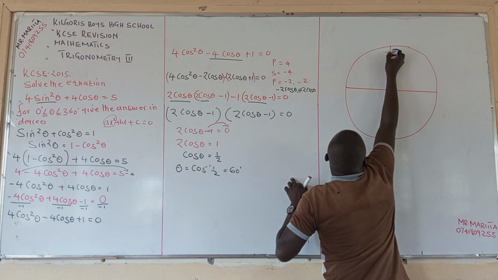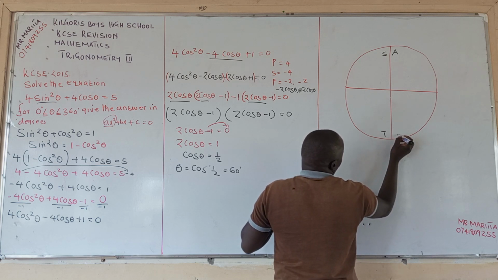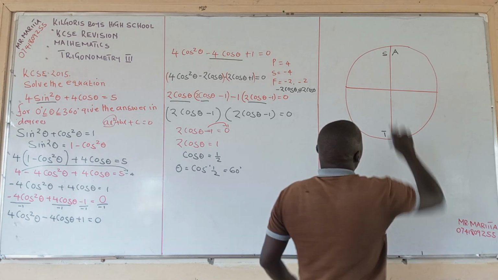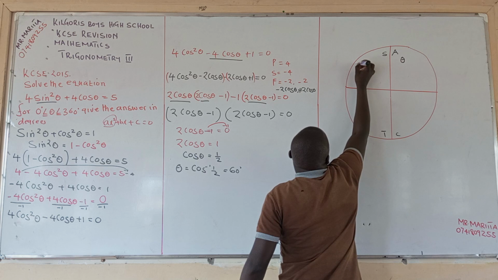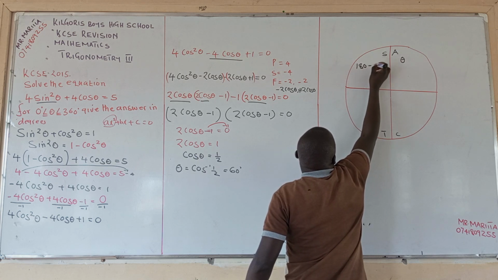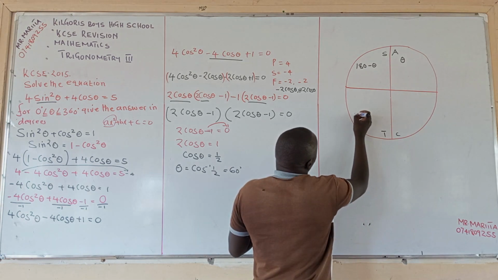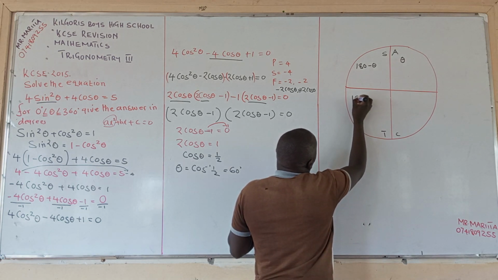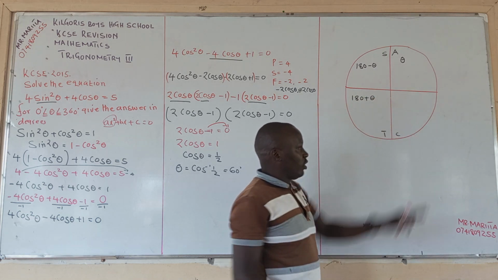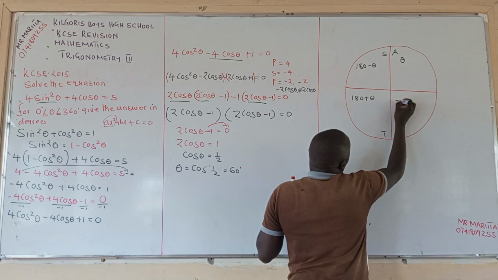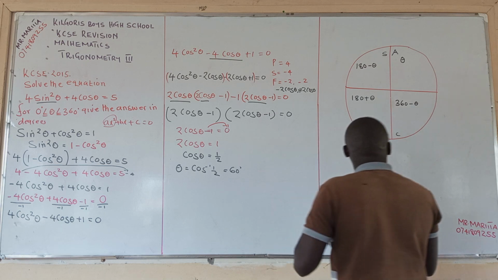Here only sine is positive, tangent is positive here, and cosine is positive there. In the first quadrant we have only theta. In the second we have 180 minus theta. On the third quadrant we have 180 plus theta, and then the fourth quadrant we have 360 minus theta.